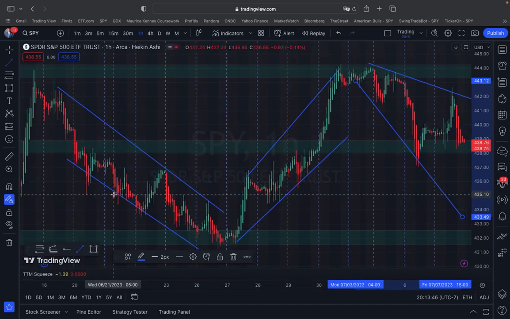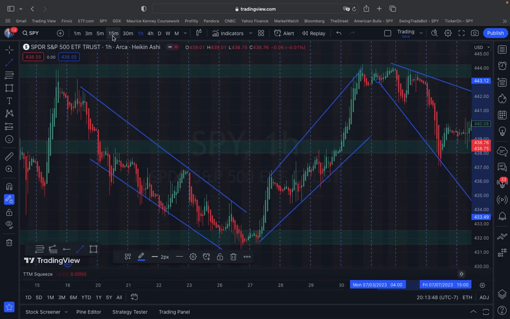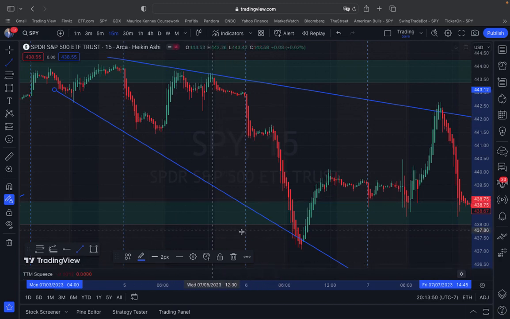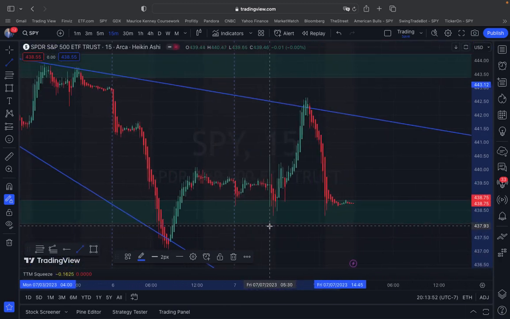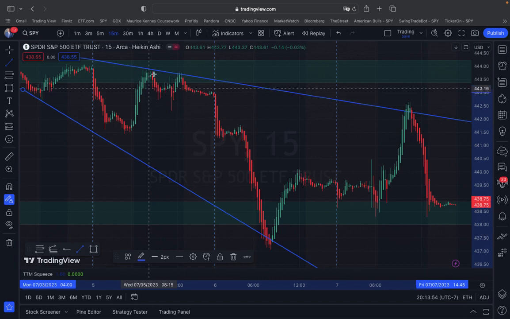We have these trend lines. If we narrow it down to the 15-minute chart, for no other purpose than just seeing what price did, price came up to this green zone, the supply zone. And then you also have this trend line that it bounced off and touched twice, and then it rallied all the way back down.